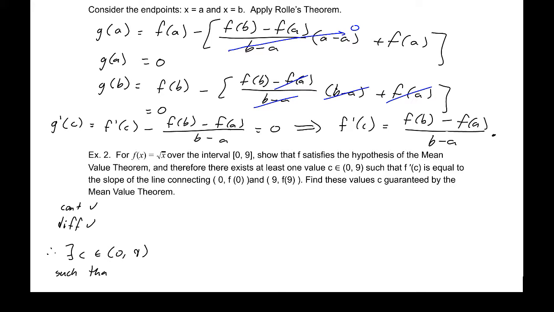So there exists a c in 0 to 9 such that f prime of c equals f of 9 minus f of 0 over 9 minus 0, because our endpoint b is 9.